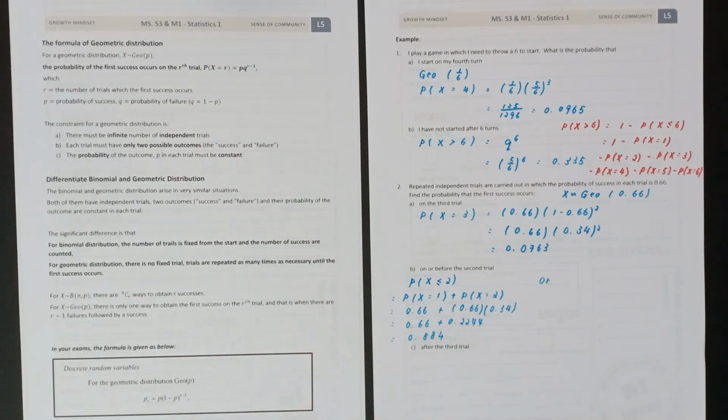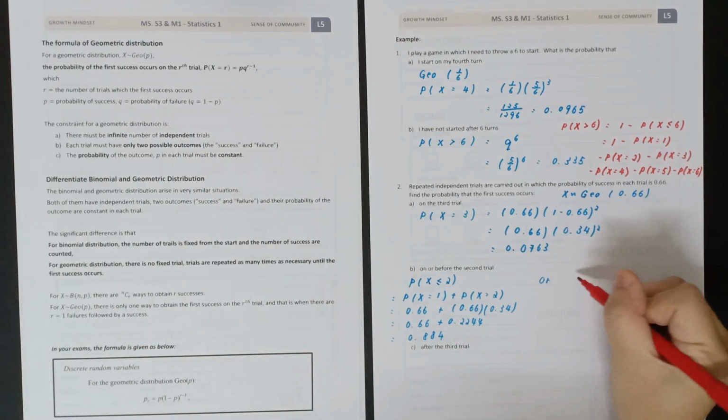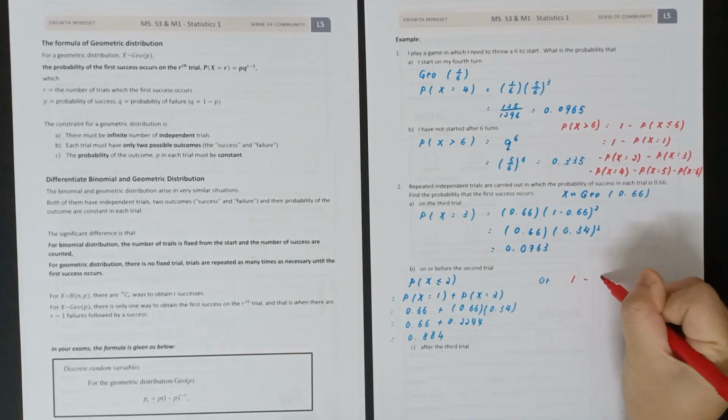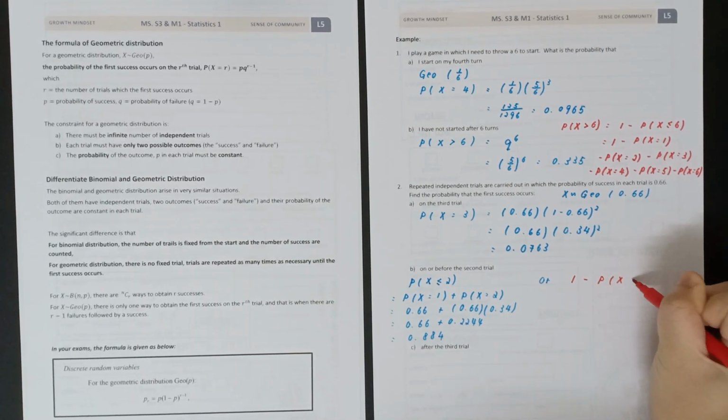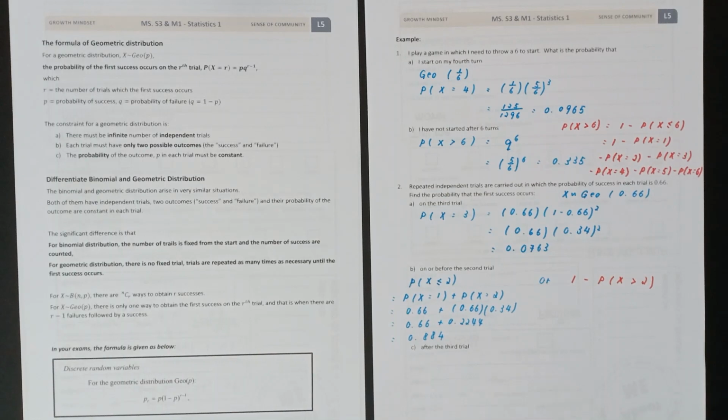So what doesn't happen is that 2 times I get failure. Because for me to get on or before, it means first time I get a success or second time I get a success. So if I change this, what doesn't happen here is basically the probability of x greater than 2, because my first success doesn't happen after the second trial.